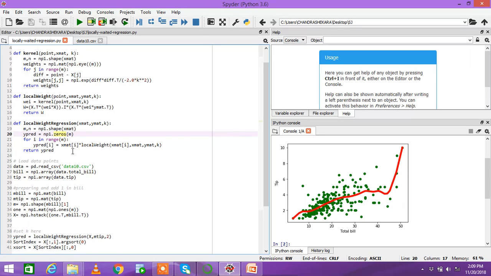Now, for each data point, a weight is being assigned. To assign the weight, we are calling the function local weight.